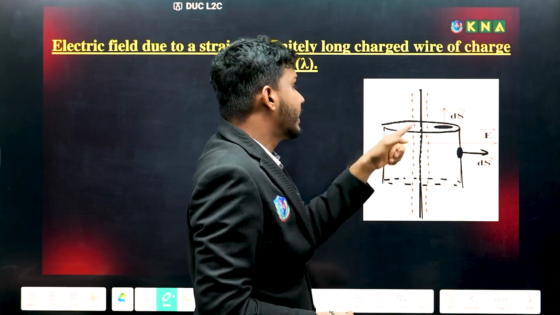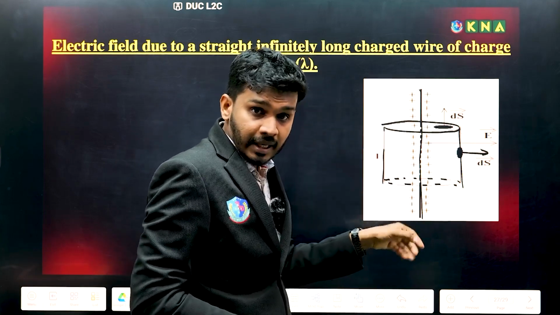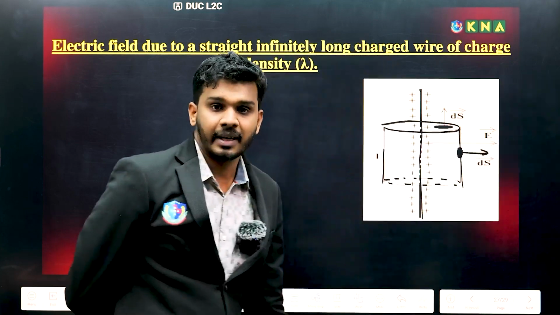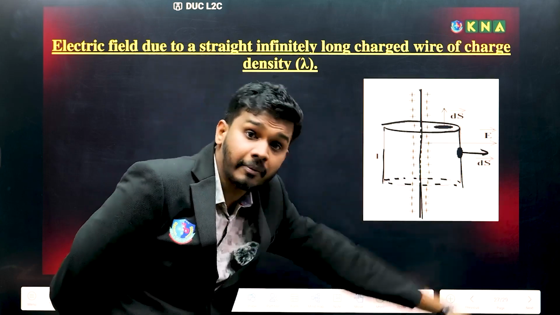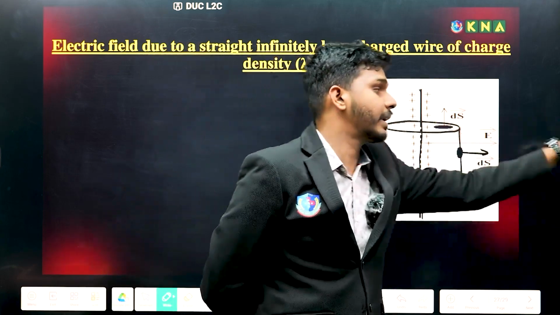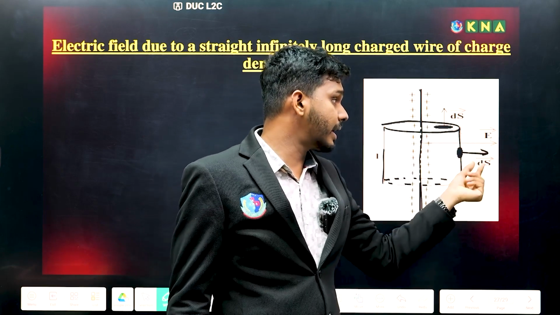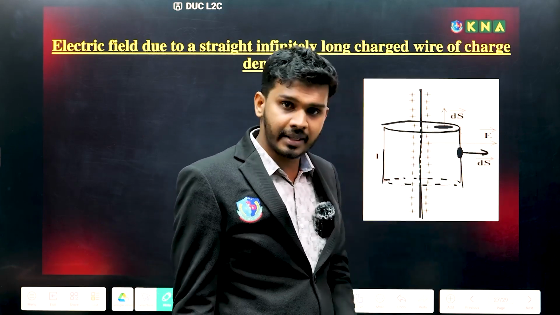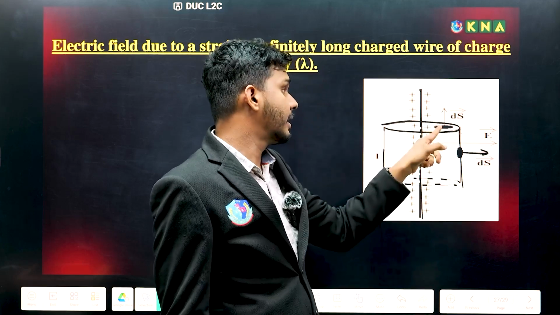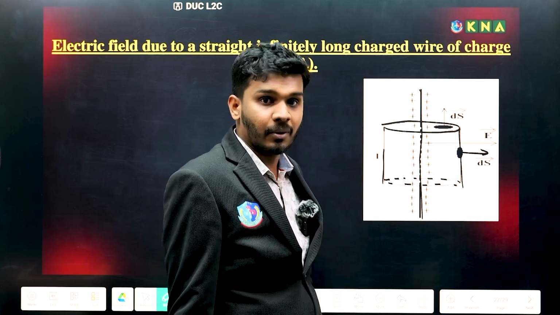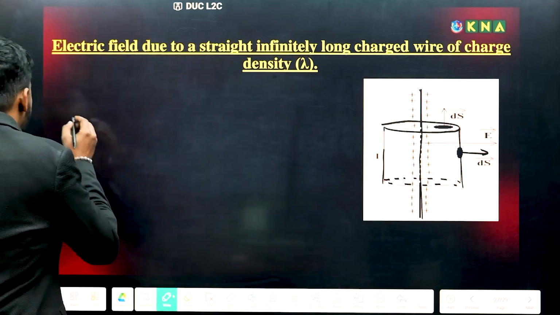Here there is a positive charge, and the electric field always moves away from a positive charge. So on the curved surface, the electric field and ds are in the same direction. On the base surfaces, the electric field and ds are at a 90-degree angle. So what is the net electric flux?